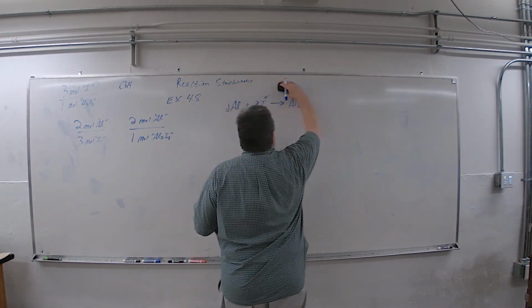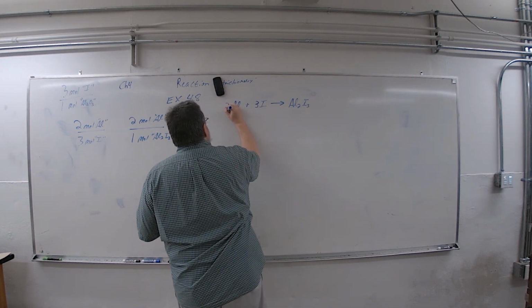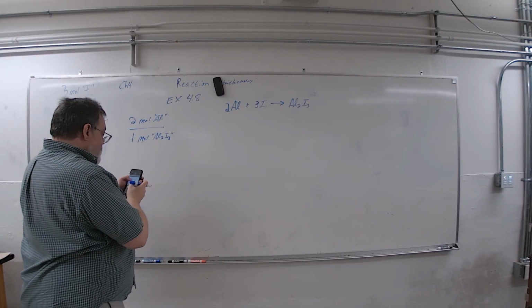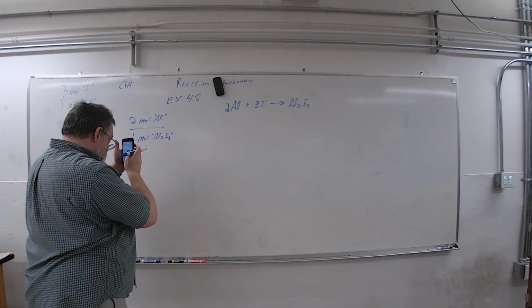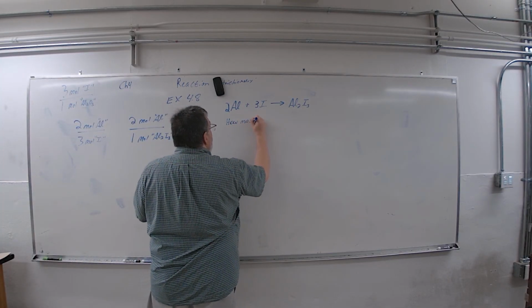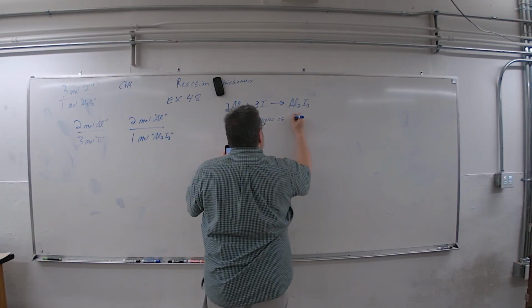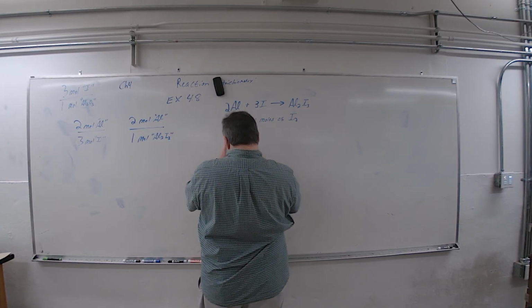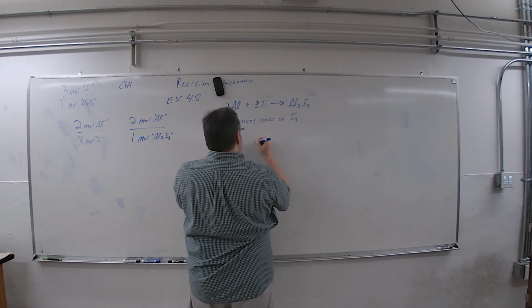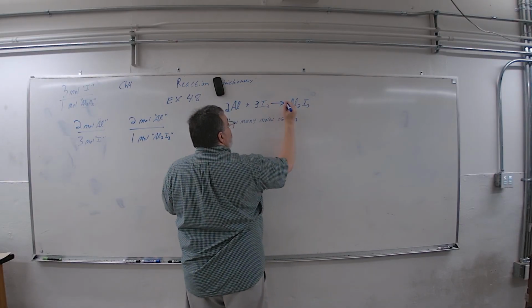You're told the reaction. Typically, when you get to this point, they don't make you keep balancing it yourself. They just give it to you. So there it is. They give it to you, and then they say moles of I2. Is that I2? That's I2.